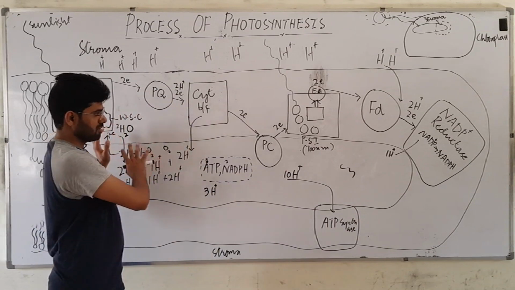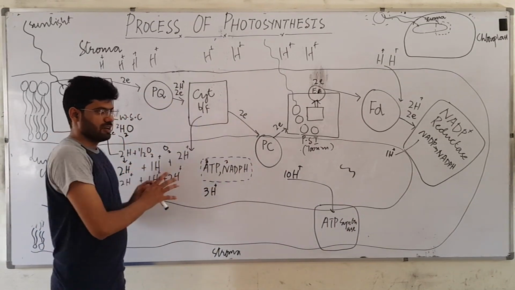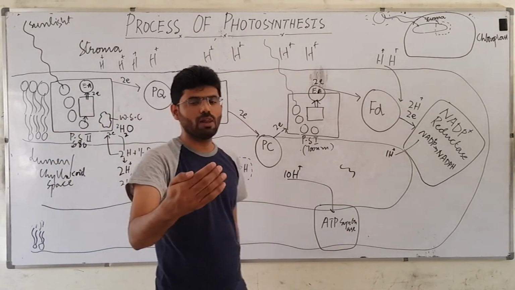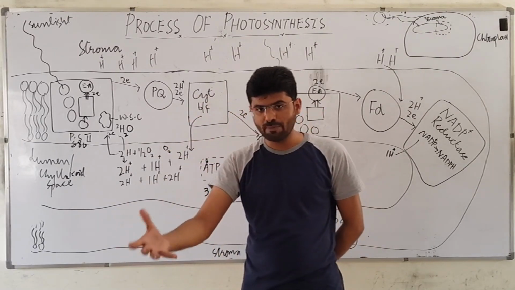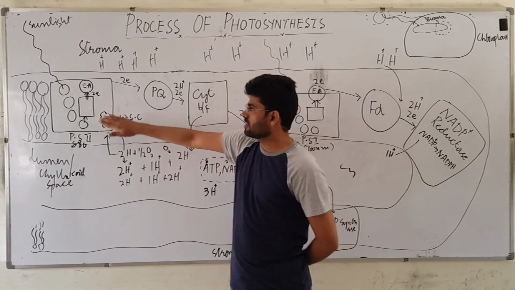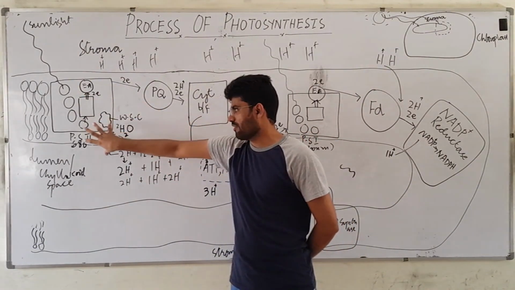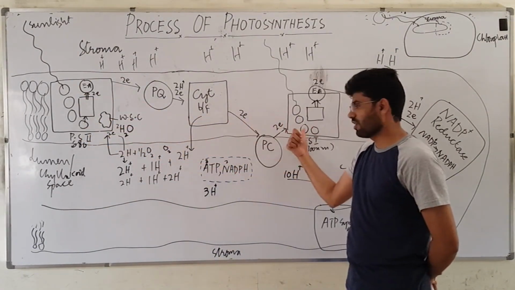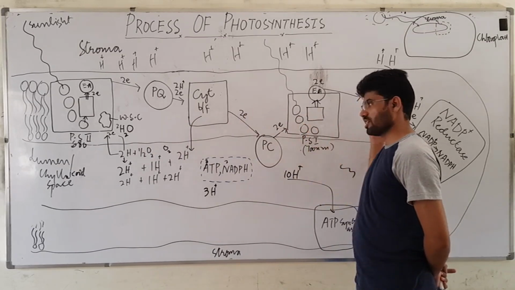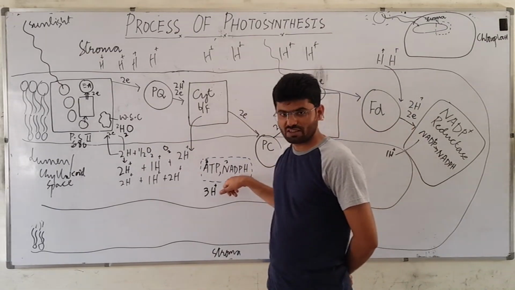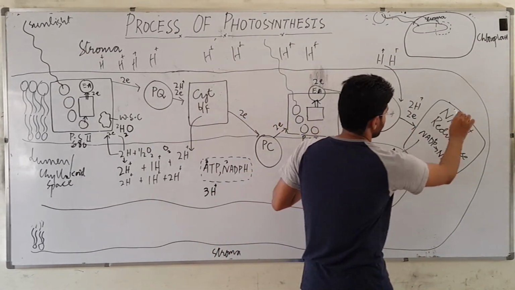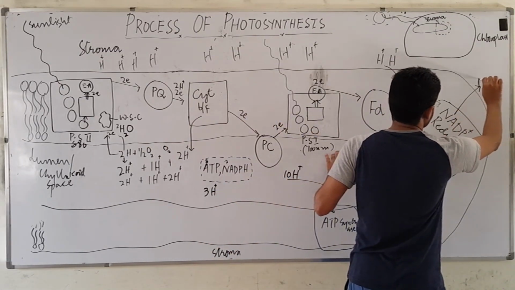So I hope this process is clear, in which first of all there is an electron transfer chain, or electron transport chain. Electrons cycle through sunlight and went from PS2 to PS1, and from PS1 to NADP reductase, in which NADPH is synthesized and given into the stroma.